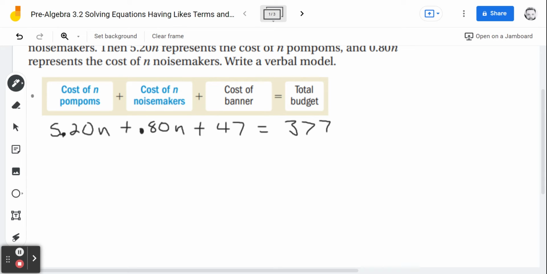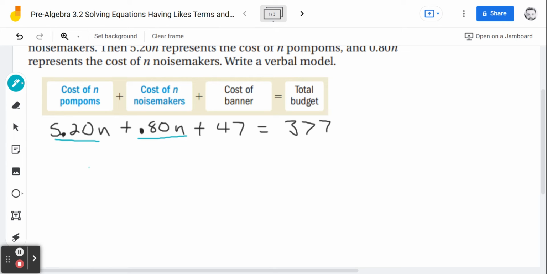So the first thing that we do before we try to solve, we should probably combine like terms. Now, if I take two markers and I take two pens and I add them together, I have five markers?